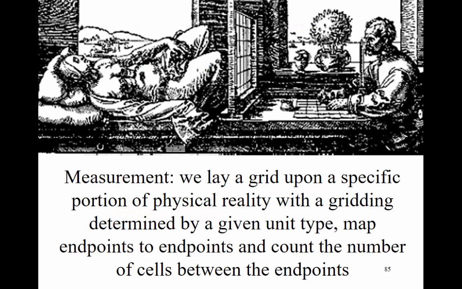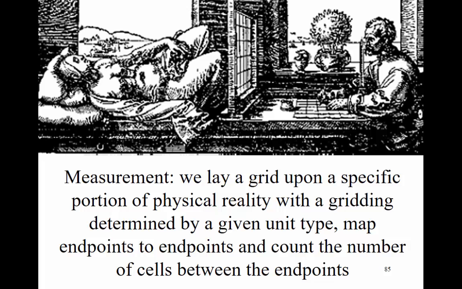So another way of viewing all of this is Alberti's grid. When we measure something, we lay a grid upon the something, and then we have a unit type which divides the something into equal portions, and then we count the number of equal portions, and that's the result of the measurement. Now that works for extensive magnitudes like time or length.